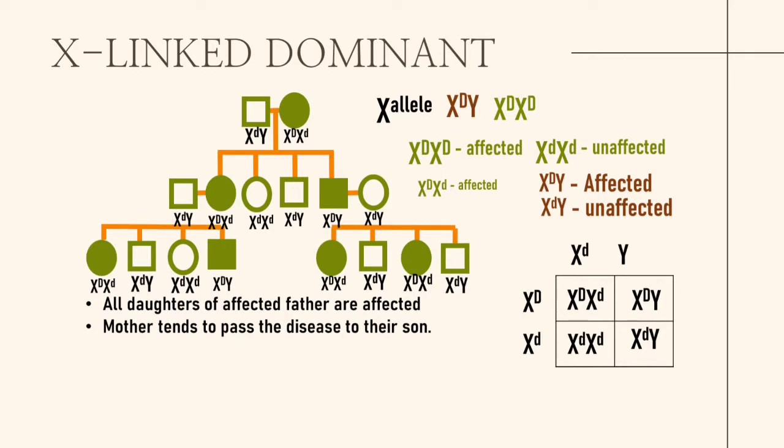So, as you can see in here, kapag meron tayong one parent that is affected, which is the mother, there is a high chance of having a daughter and a son that is affected. So, we have here 50% probability of having an affected child, 50% would be the probability of having an unaffected child.